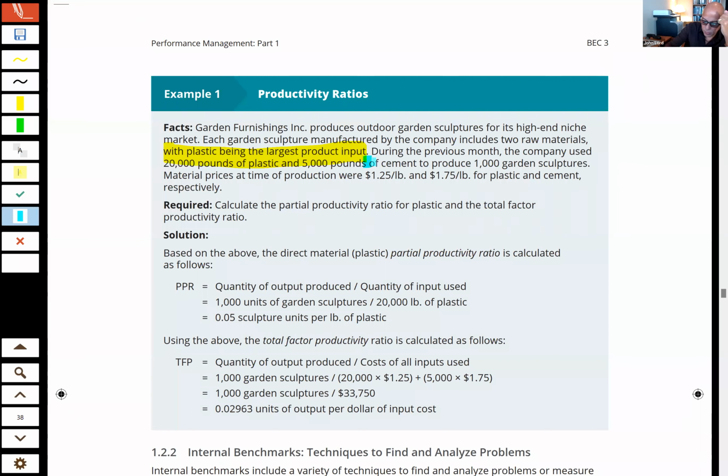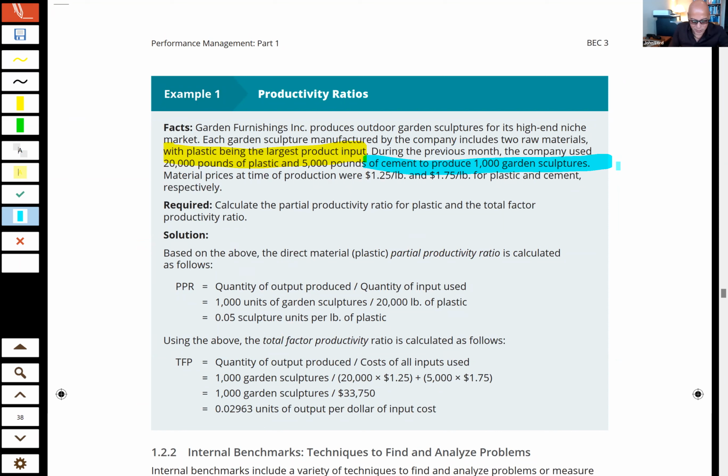Cement is part of it, but not nearly as much. Okay, so we have these high-end, mostly plastic garden sculptures. And materials priced at time of production were $125 per pound for the plastic and $175 per pound for the cement. Okay, and so we want to go ahead now.